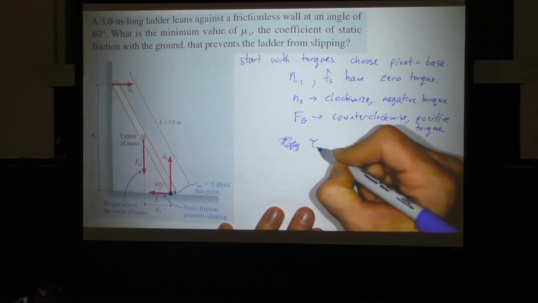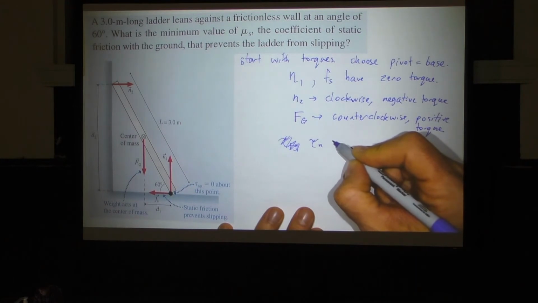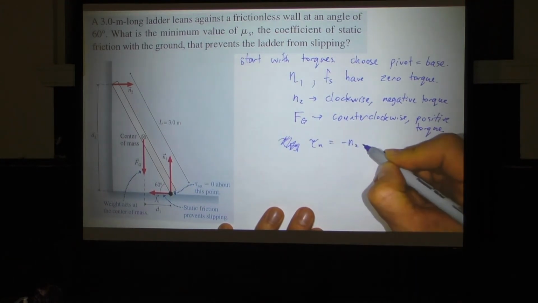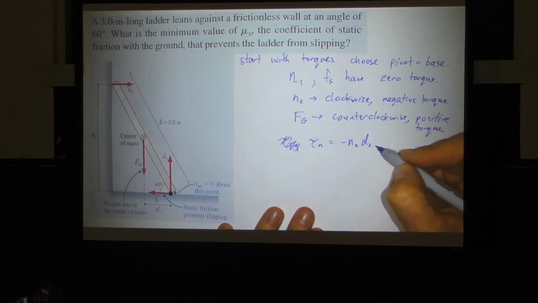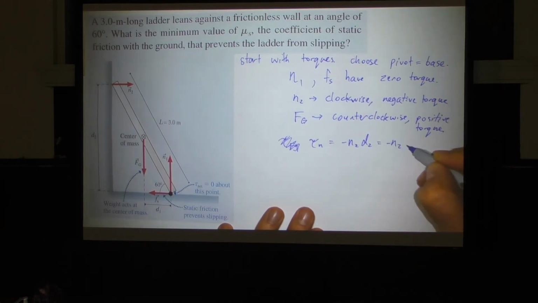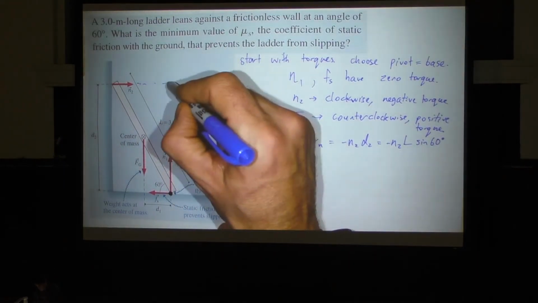let's do these in sequence. The torque due to the normal force is equal to negative N2 times your lever arm, which is equal to negative N2 times L times sine of 60 degrees. That's going to be this distance right here.